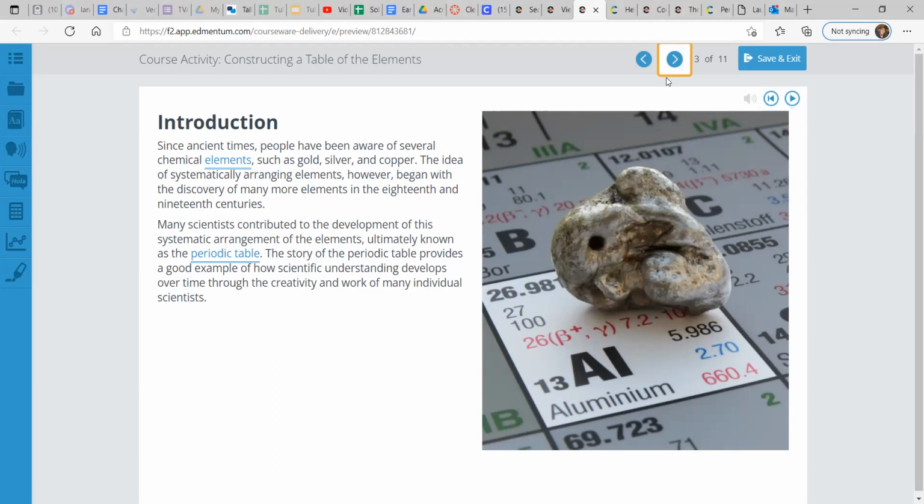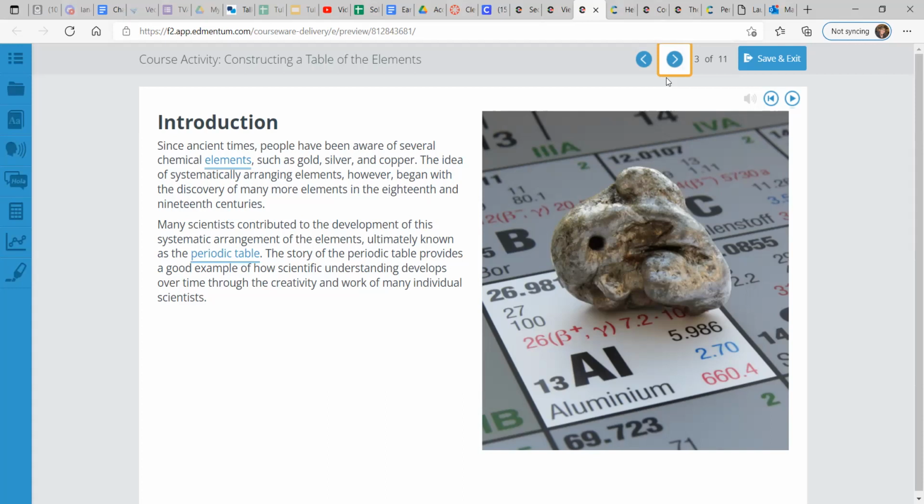So 1700s, 1800s, that's when we started discovering way more elements, and scientists and thinkers were like, all right, there must be some type of way we can systematically organize them. Many scientists contributed to the development of this systematic arrangement, and ultimately that arrangement is called the periodic table. We'll take a look at that here in a bit.